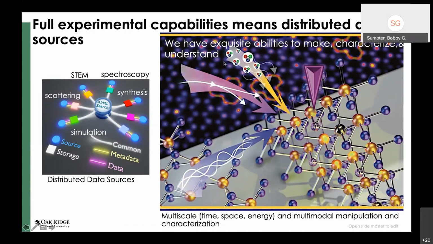But this means that now we have multiple different sources of data, and we need to apply those data analysis and machine learning tools across a gamut of different sources, which means there's got to be some sort of common data format and common metadata information provided in order for this to be piped over to a machine learning or an AI technique in order to allow us to control these different sources of energy to manipulate these materials.